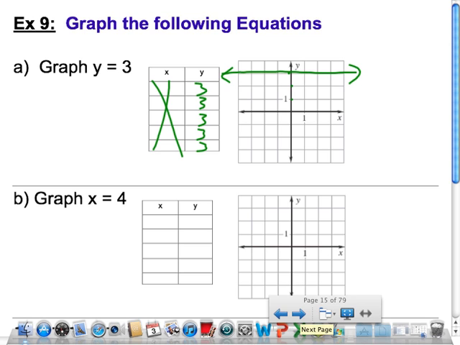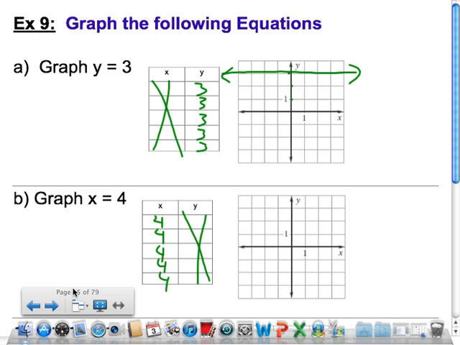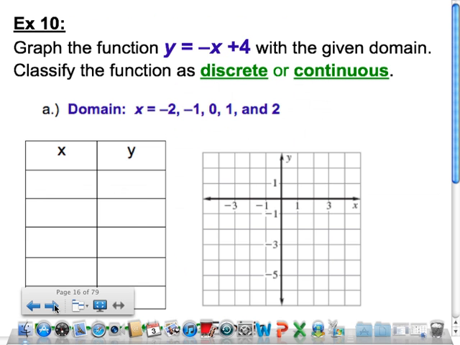In part B, again, it doesn't matter what your y's are, your x's will always be 4. So you can just go right over to x equals 4, 1, 2, 3, 4, draw a vertical line, since it's x equals, through that, and there's your graph. Those are nice shortcuts to know. Otherwise, you can plug in values here, but it's going to come up with the same graph. It's not going to make a difference.